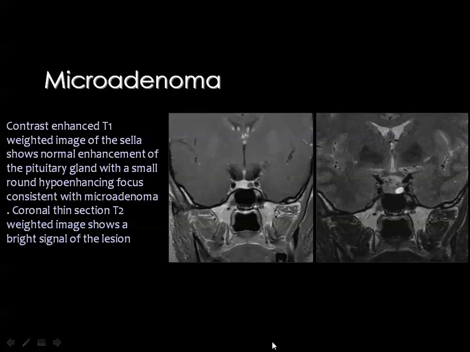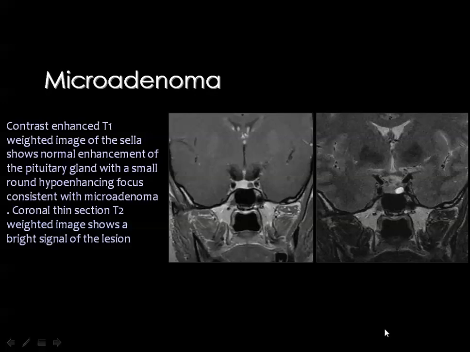Then microadenoma is a small lesion less than 1 centimeter in diameter. It may involve one of the sides of the pituitary gland, like the left side or the right side, or may be in the midline exactly below the level of the infundibular stalk. Most of the pituitary adenomas will show intermediate signal on the T1 and intermediate signal on the T2 weighted images.